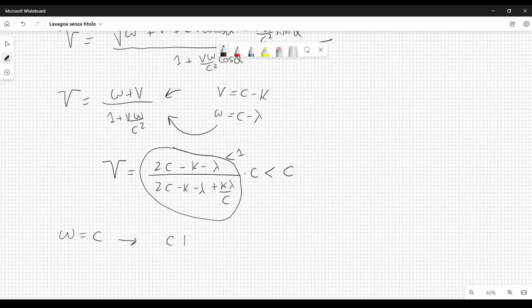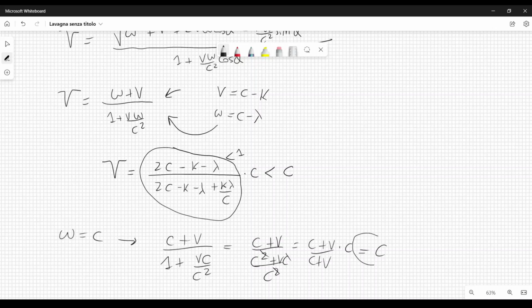We get c plus v divided by 1 plus vc over c squared, which is c plus v over c plus v over c times c... we can cancel, and we get (c plus v) over (c plus v) times c, which is equal to c.